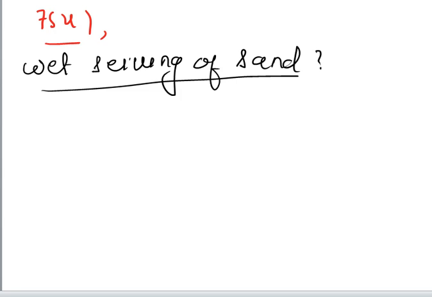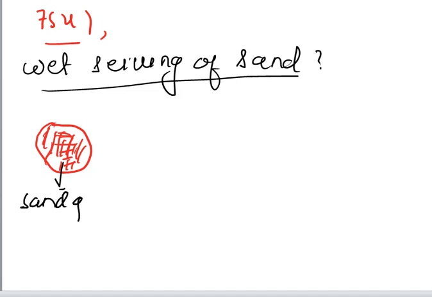But there is a problem here, and the problem is very interesting. Let this be the sand grain. Now as I have said, if the sand contains this silt and clay fraction, then we need to conduct wet sieving. First we need to water wash.